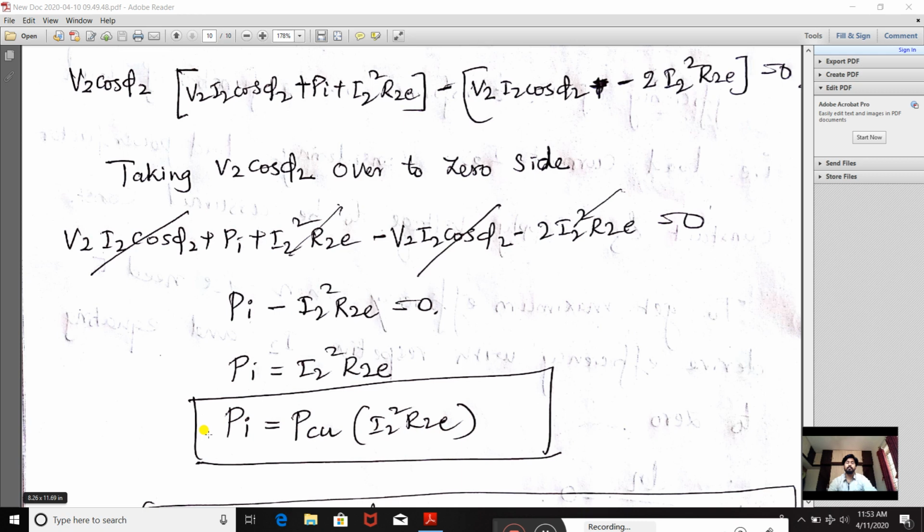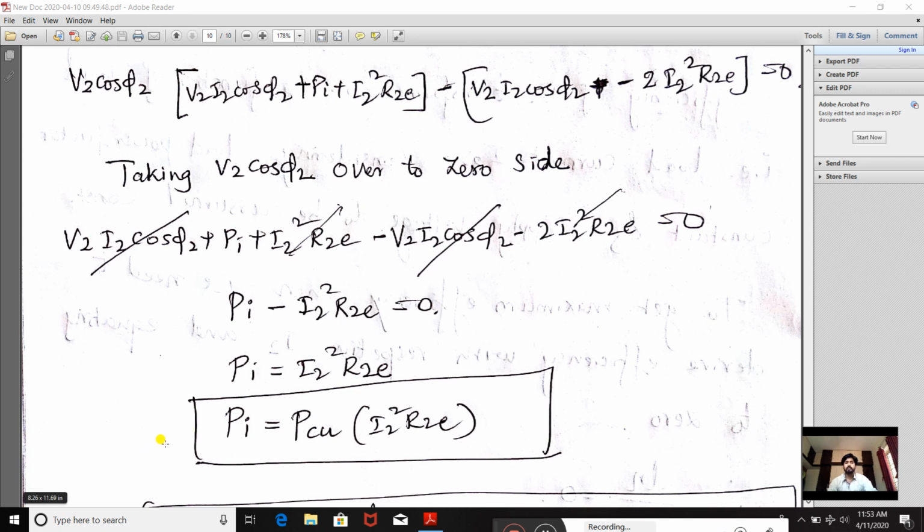So whenever iron loss becomes equal to copper loss, we need to define it in this way: whenever the copper loss becomes equal to iron loss, the efficiency of the transformer will be maximum. This is the condition for maximum efficiency.